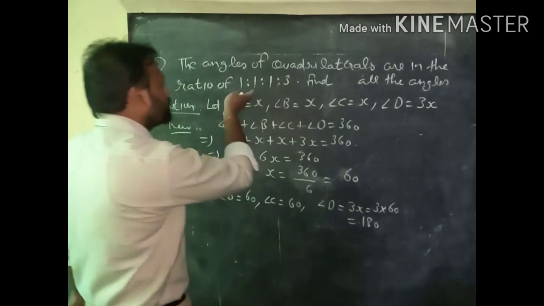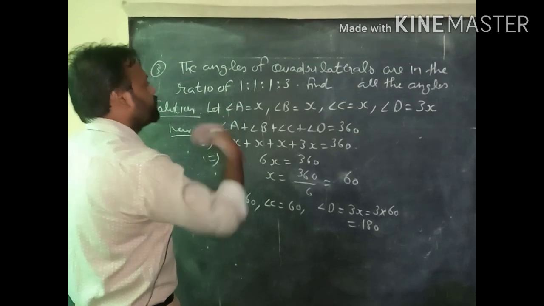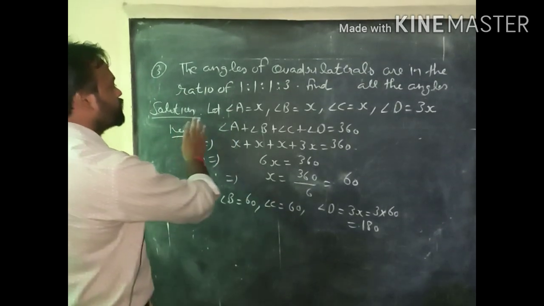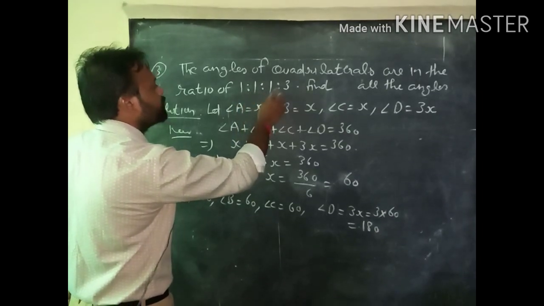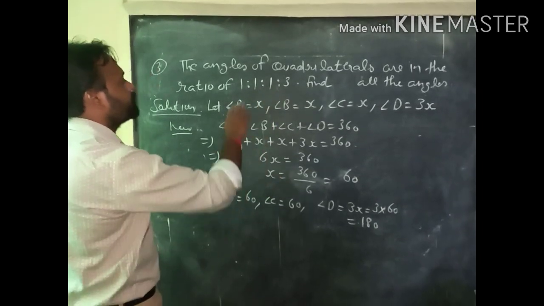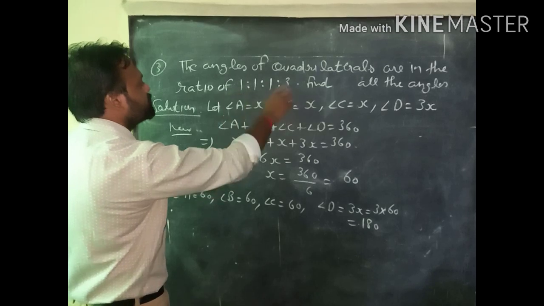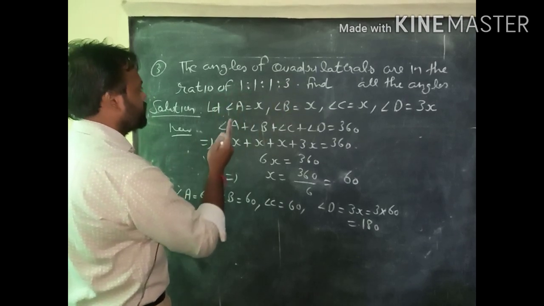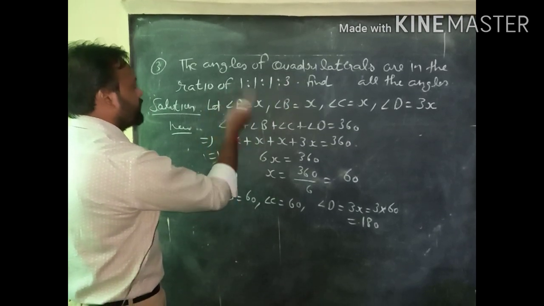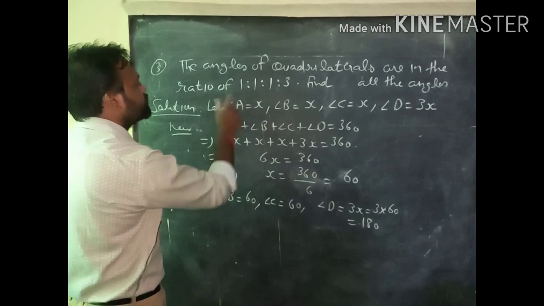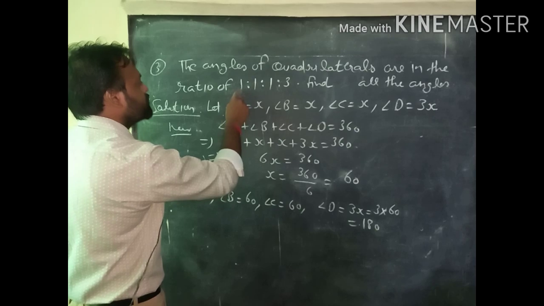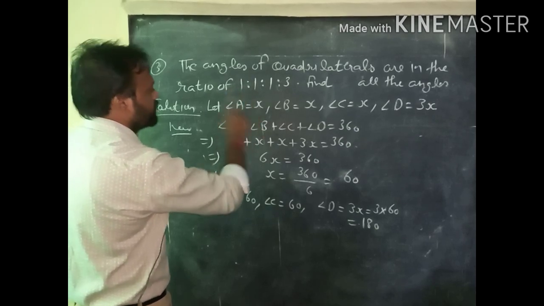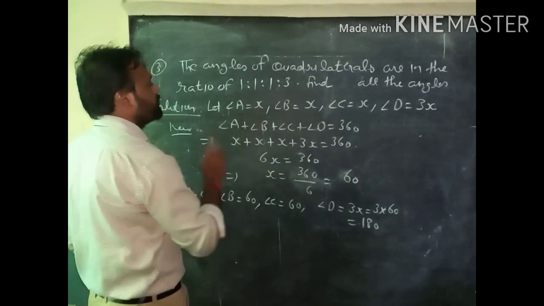First of all, we have to discuss how we can find the angles. First of all, we have to remove this ratio. How we can remove it, we know very well. We have to multiply all these values with a single variable. Now I am taking x. Suppose the first angle is A, and when I multiply the variable x with 1, x times 1 is x, so angle A is x.